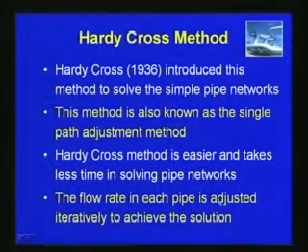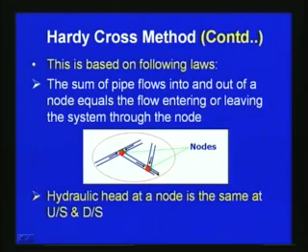In the Hardy-Cross method, the flow rate in each pipe is adjusted iteratively to achieve the solution. We assume the flows through the network, and then the flow rate in each pipe is adjusted iteratively, and then we achieve the solution. The Hardy-Cross method is based upon the following laws.